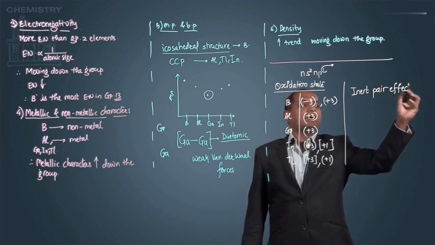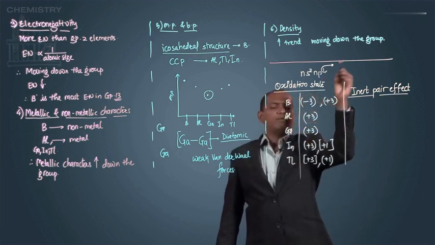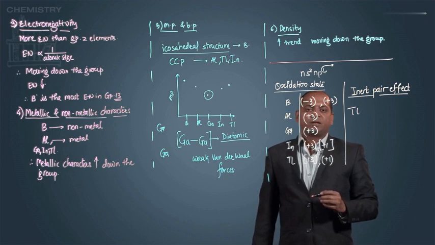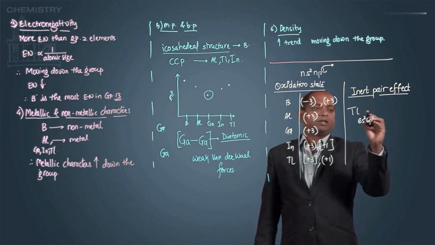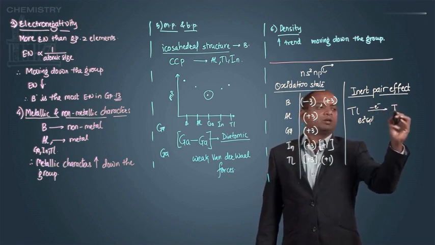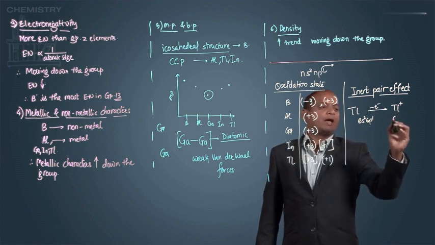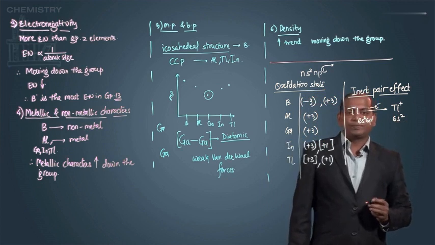Now what do we mean by inert pair effect? Let us consider thallium, which has a valence electronic configuration of 6s2 6p1. When one electron is removed, it gives Tl+, and the valence electronic configuration becomes 6s2.